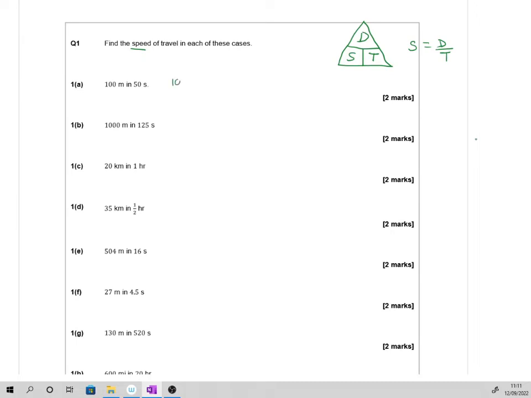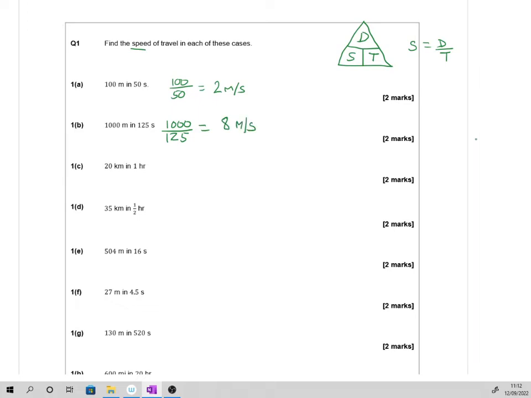So we've got 100 meters divided by 50 seconds equals 2 meters per second. We've got 1,000 meters divided by 125 seconds. Ooh, calculator. 1,000 divided by 125 is 8 meters per second.